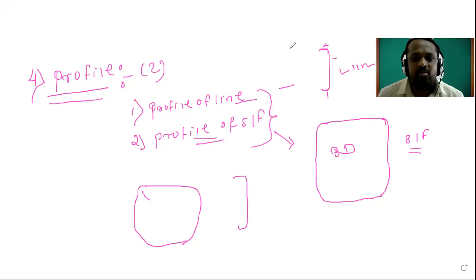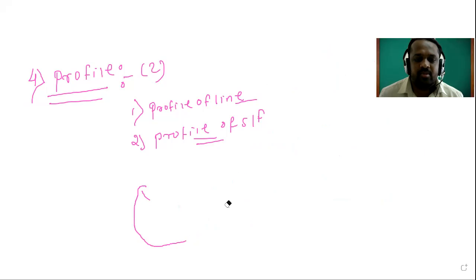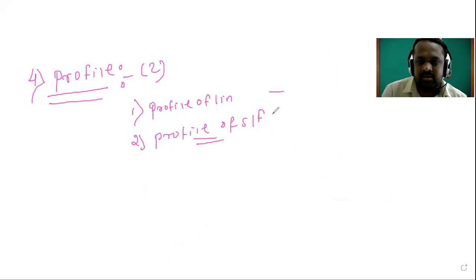Okay, then what is the symbol for that? The symbol for the profile of line will be like this. You just have to draw it like this. This is the symbol for profile of line. And this is the symbol for the profile of surface.